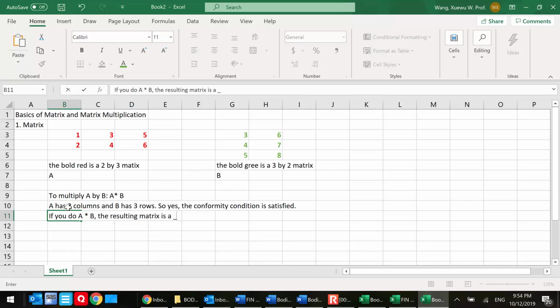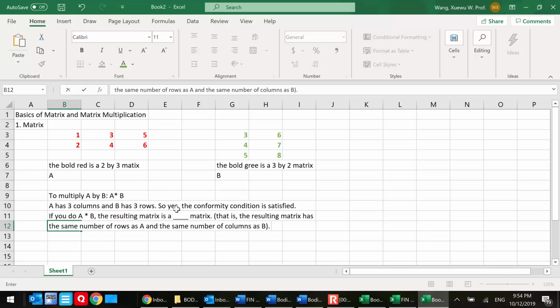As we said, if you have the 2 by 3 times the 3 by 2, then the 3 and the 3 cancel. The resulting matrix has the same number of rows as A and the same number of columns as B. That means the resulting matrix is going to be a 2 by 2 matrix.